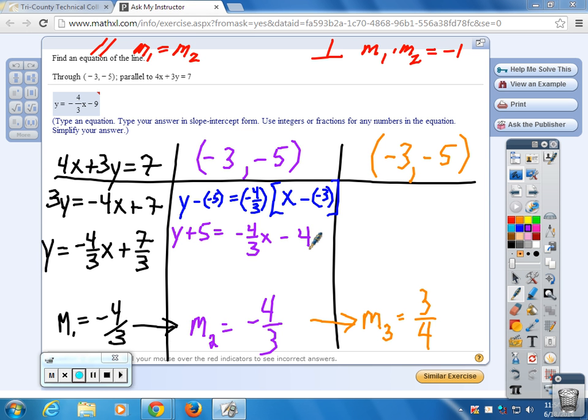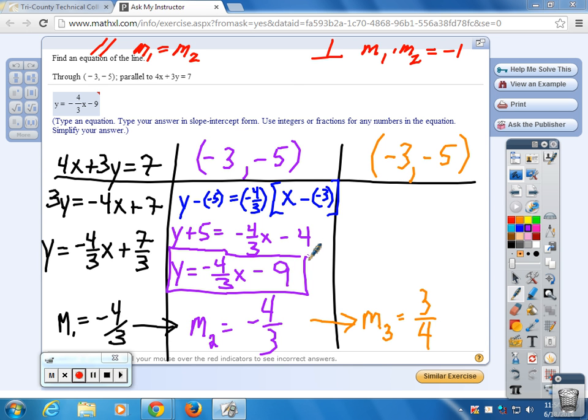Now, y is equal to -4/3 x. -4 plus -5 is what? All right, so that's your parallel line.